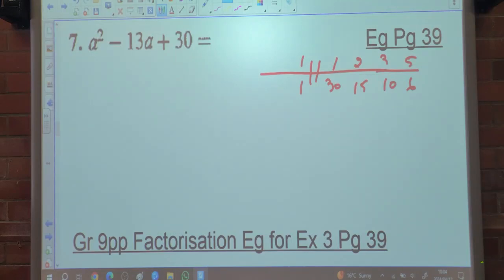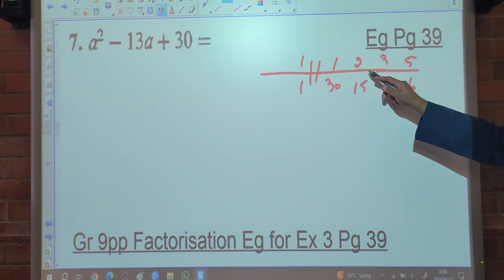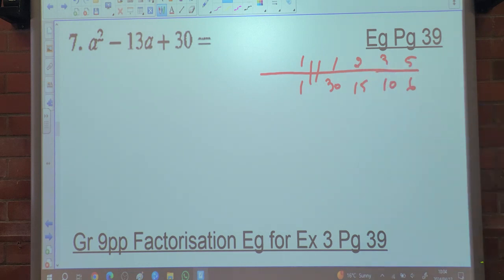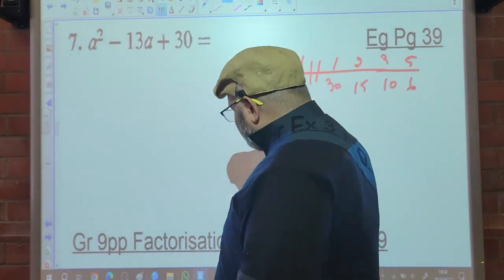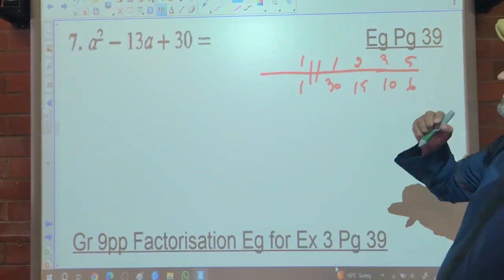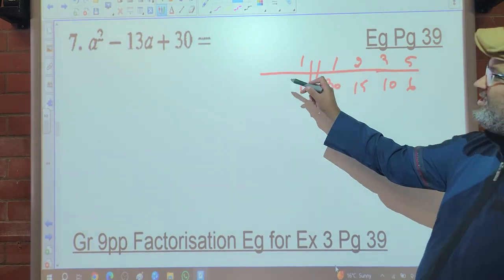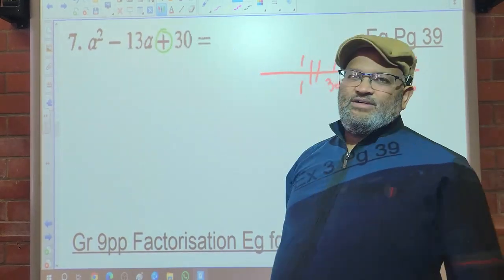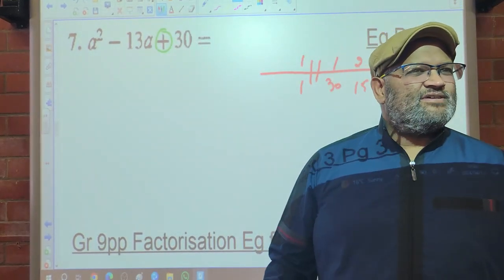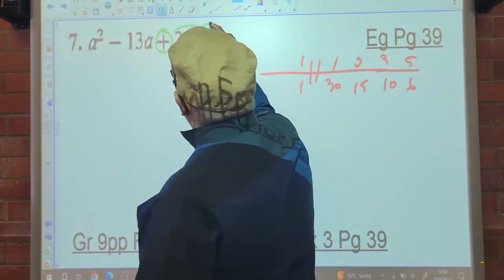Those are all the factors of 30. 1 times 30 is 30, 2 times 15, 3 times 10 and so on. Okay. Do we add or subtract our products? Sorry, we add it. Why? Because that is positive. If that had to be negative, we would have subtracted. So we're going to add the products.